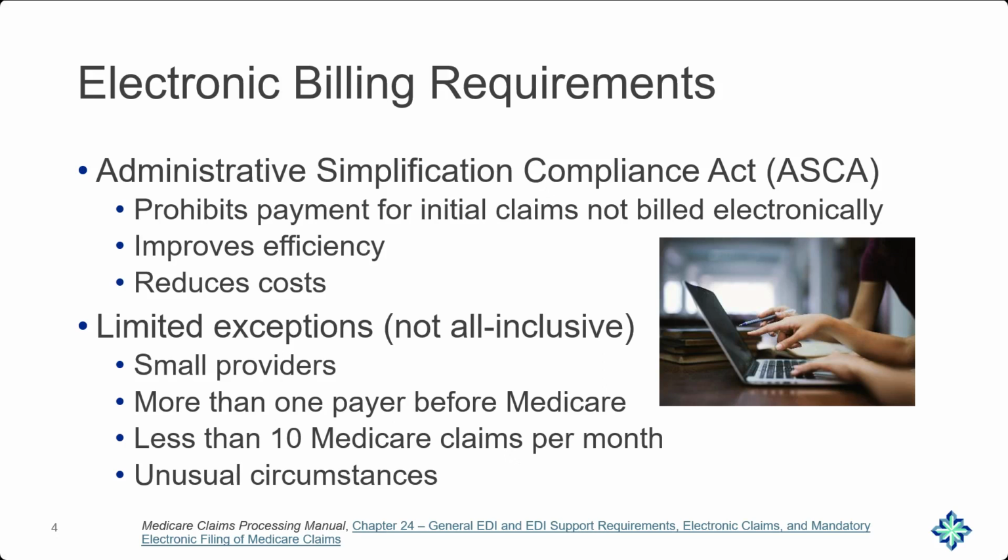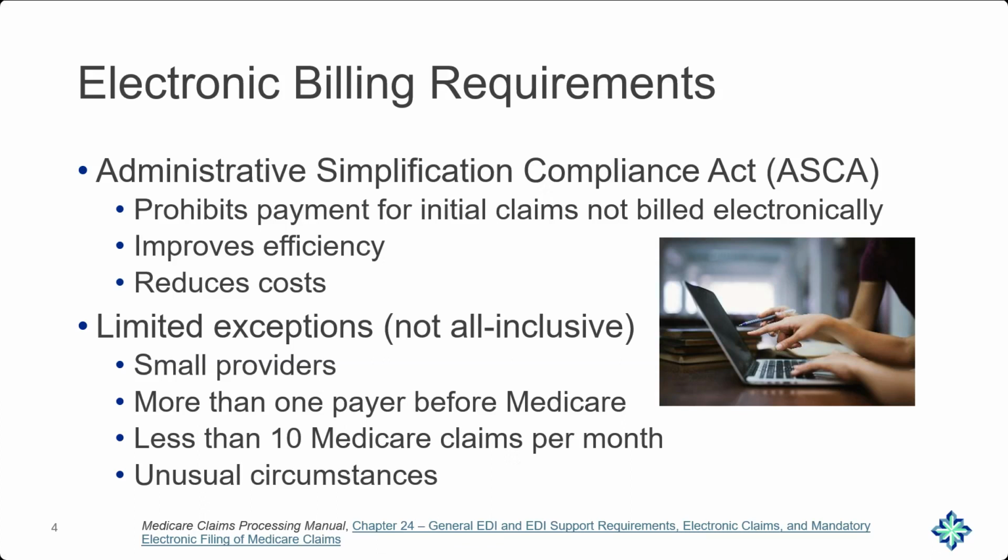The Medicare Claims Processing Manual, which is one of the internet-only manuals that's published by CMS, is publication 100-04. And in chapter 24, it gives more information about electronic claims billing requirements, those possible reasons where a provider may qualify for what we call a waiver to submit paper claims.